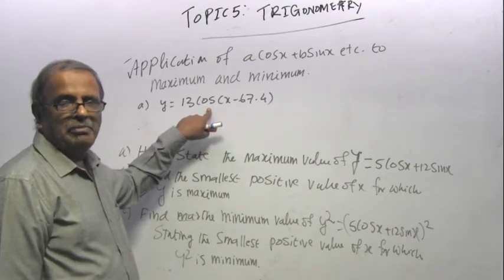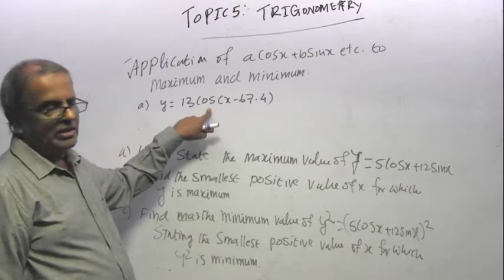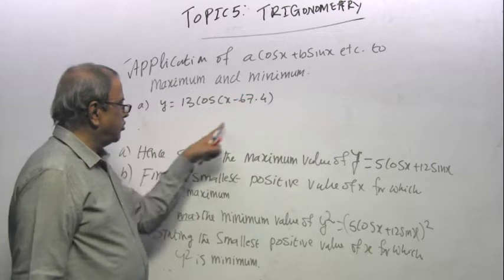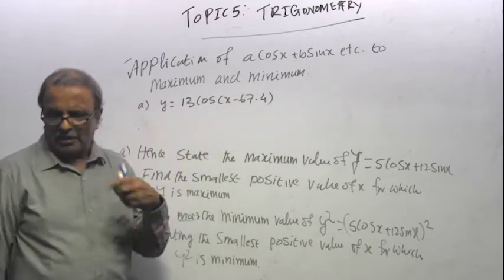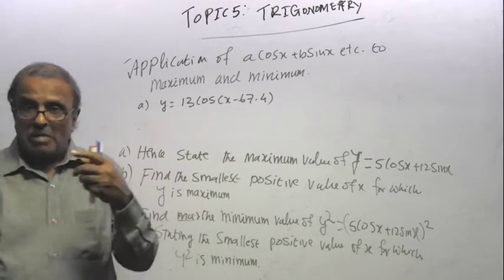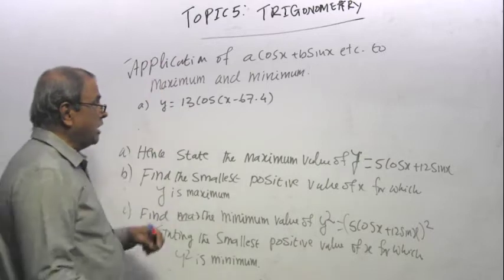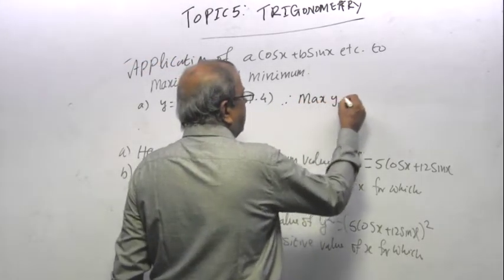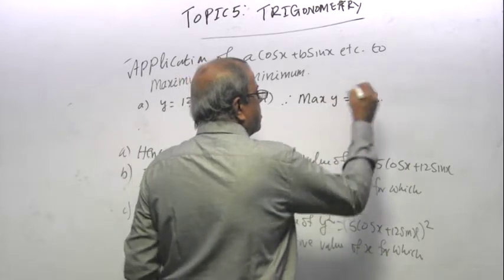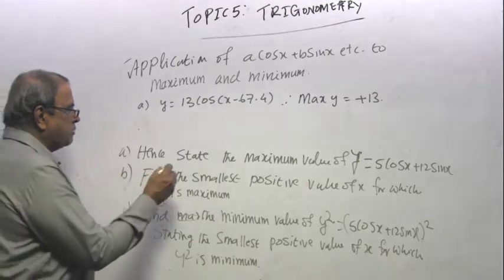Any cos function, biggest value is 1, smallest value is minus 1. So when this becomes 1, y becomes 13. When this becomes minus 1, y is minus 13. So if the question said maximum and minimum, you'd say plus minus 13. But since it says only maximum, therefore maximum y equals 13.